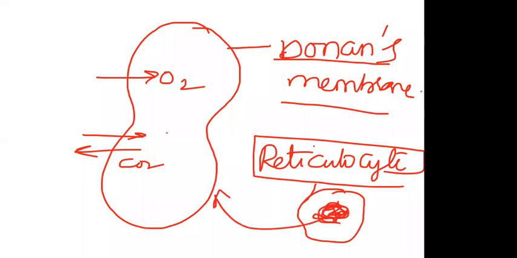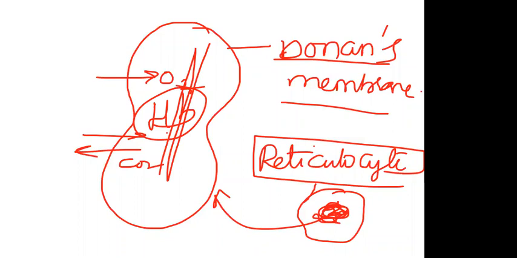They lose everything and become mature RBC. Mature RBC means it contains only hemoglobin. Everything is lost. Reticulocyte is the immature RBC, which contains some cell organelles. When everything is lost and it is filled with only hemoglobin, we can say it's a mature RBC.